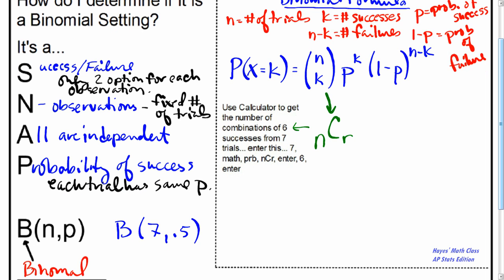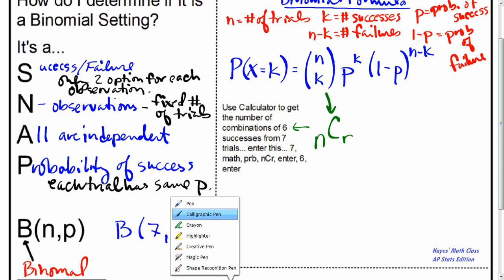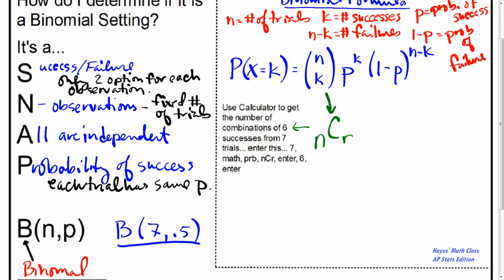So going back to this problem here, using the binomial distribution that we had, of 7 trials with a 50% chance of success, let's say we wanted to figure out the probability of having exactly 6 successes.